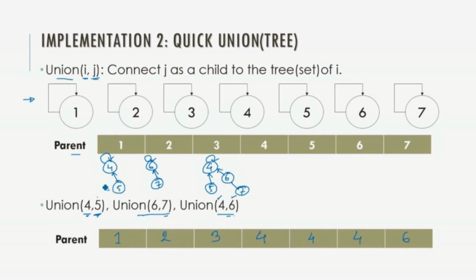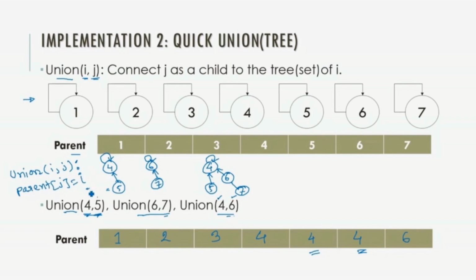So the union operation is very easy. The pseudocode can be something like this: union i, j. We just make a single operation. We just change the parent of the corresponding element. For example, to perform the operation union 4, 5, we have changed the parent of 5 to 4. So we can write something like: the parent of j will be changed to i.